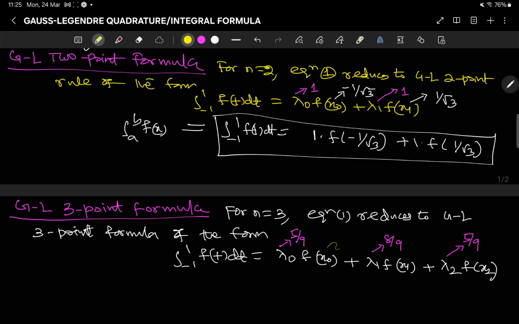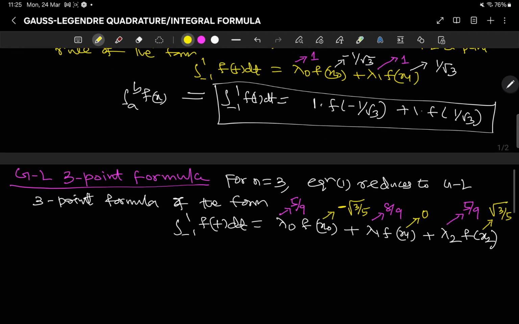And the value of x0 will be minus root over of 3 by 5. And the value of x1 is 0. And the value of x2 is root over of 3 by 5.